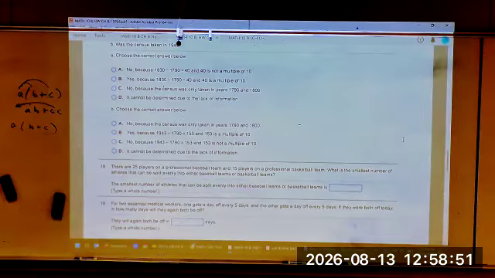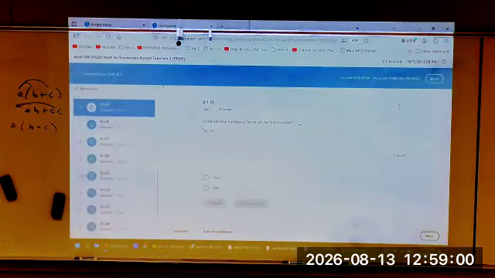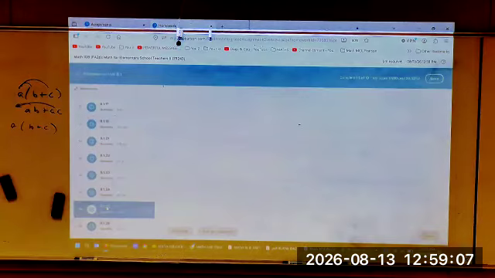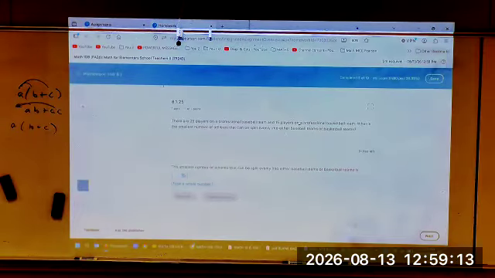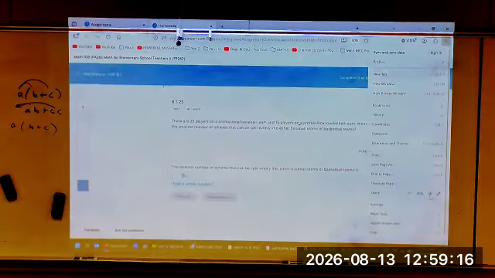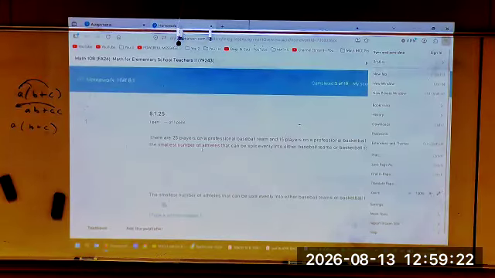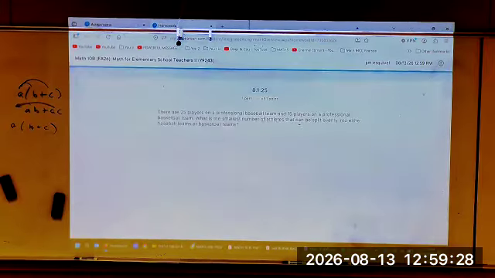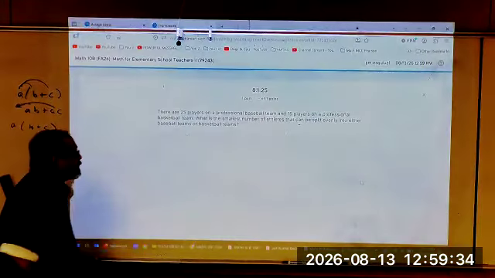18 is baseball season. 25 players on a professional baseball team, 15 players on a professional basketball team.